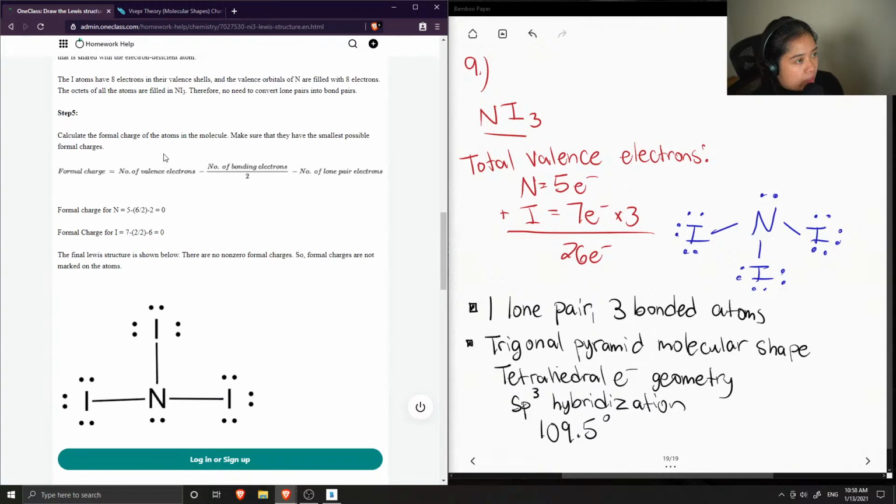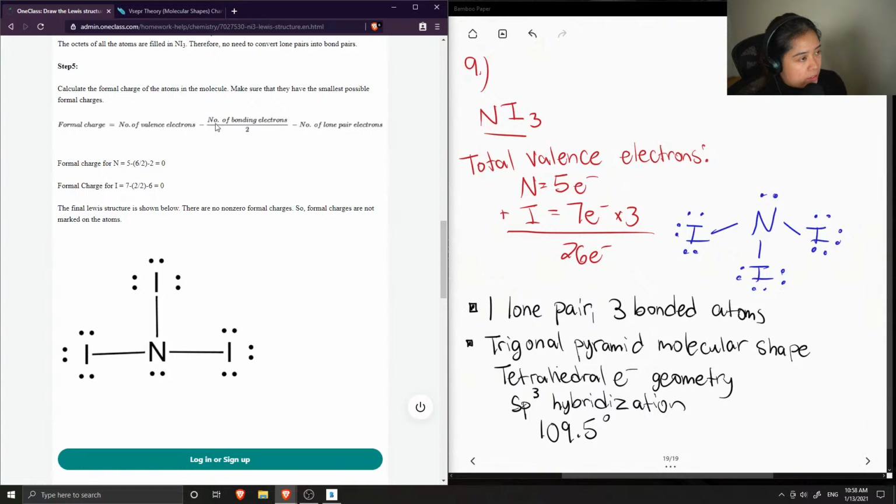And the next step is optional, but you can calculate the formal charge of all the atoms just to make sure that they have the smallest possible formal charges. So they included the equation for formal charge: number of valence electrons minus the number of bonding electrons divided by 2, minus the number of lone pair electrons, also known as the non-bonding electrons.